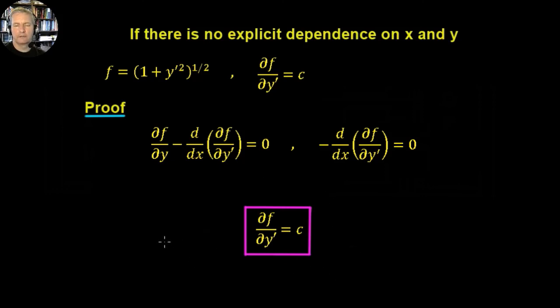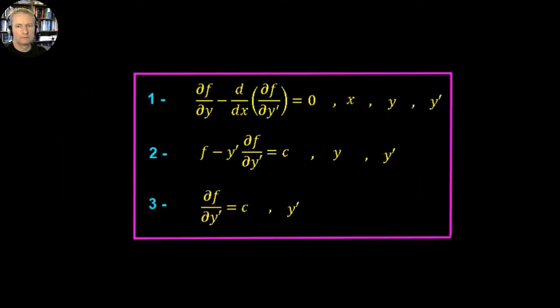So let's go ahead in the next slide and look at a summary of what we've learned. In summary, if we have an explicit dependence on x, y and y derivative, then we use the Euler-Lagrange equation. If we have an explicit dependence on y and y derivative only, then we can use the Beltrami identity.